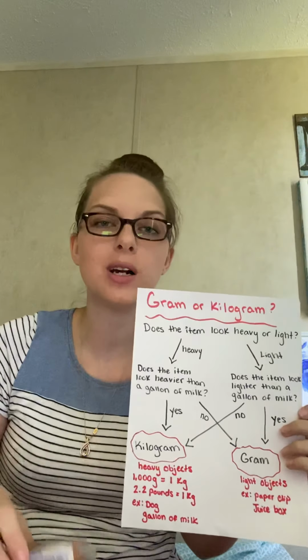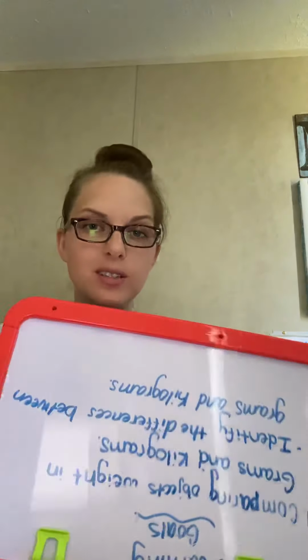Alright, so now I'm going to show you all another part that we're going to work on to keep practicing. I'm going to erase our learning goal on our chart so I can write down grams and kilograms. We're going to get a little bit active, and I'm going to let you all stand up. I'm going to write grams on one side and kilograms on the other.